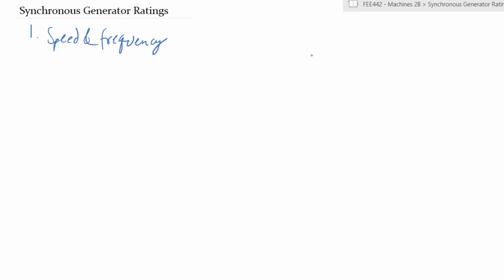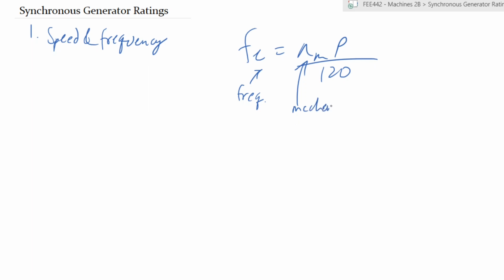So you will always have Fe equal to Nm P over 120, where F is the frequency, N is the mechanical speed, and P is the number of poles. This is a fixed relationship depending on the number of poles of the generator, so you cannot change this during the operation of the generator.